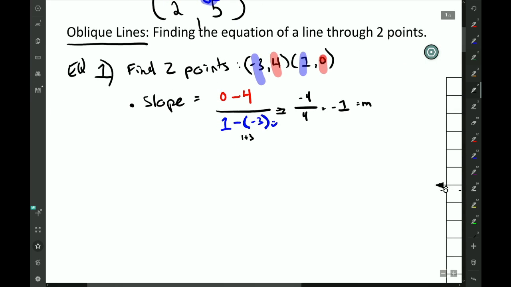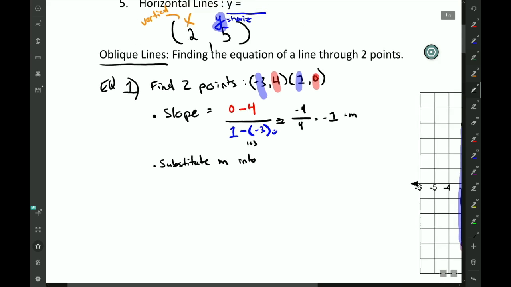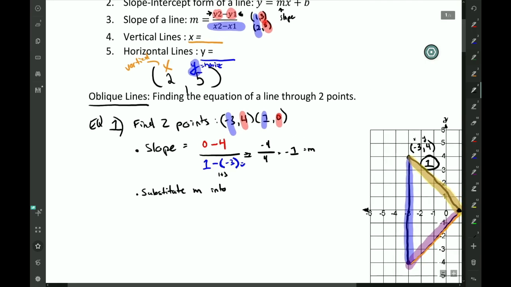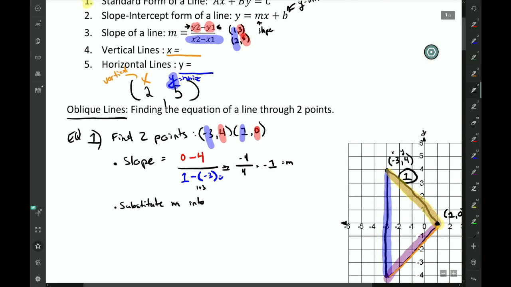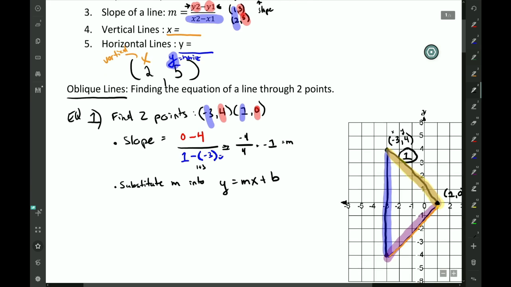From there, you can substitute m into slope-intercept or point-slope form. So we can substitute it into slope-intercept form: y equals mx plus b. You are going to choose one of your coordinates.